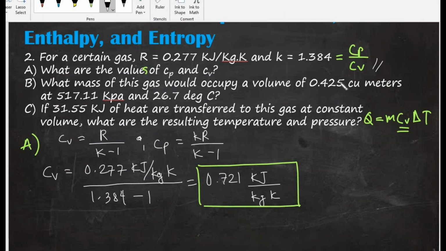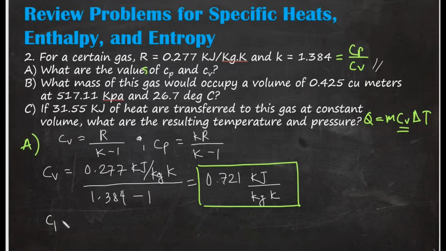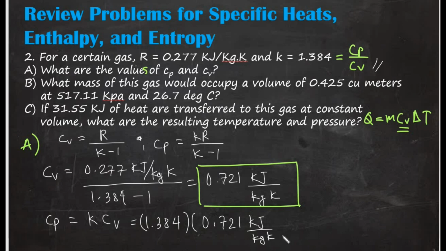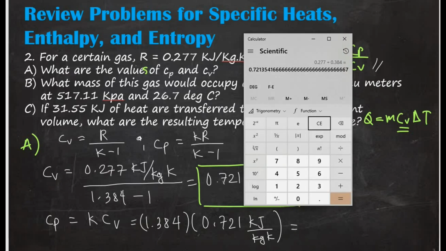From K is equal to C sub P over C sub V, therefore C sub P is equal to K times C sub V. So 1.384 times C sub V, which we have solved, 0.721 kilojoule per kilogram.